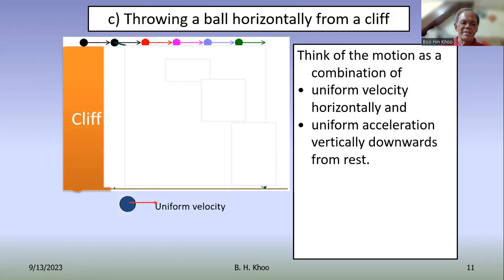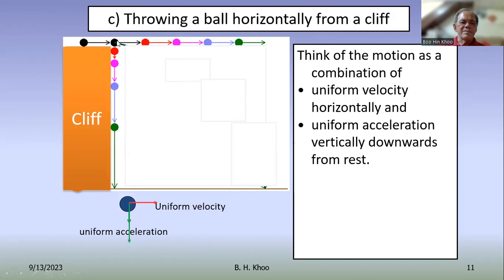That means you are dropping the ball from rest, downwards. There is the uniform acceleration: gravity is pulling it down. So one is dropping, and one is moving horizontally at uniform velocity.